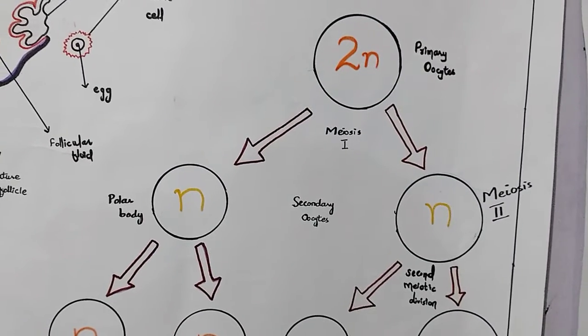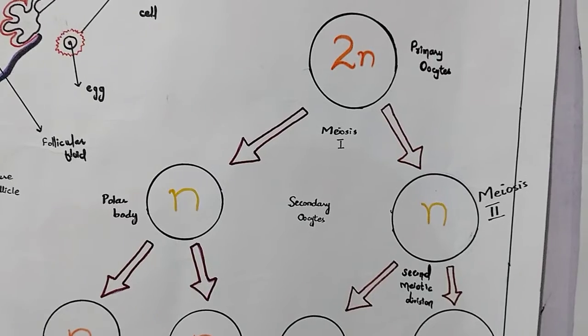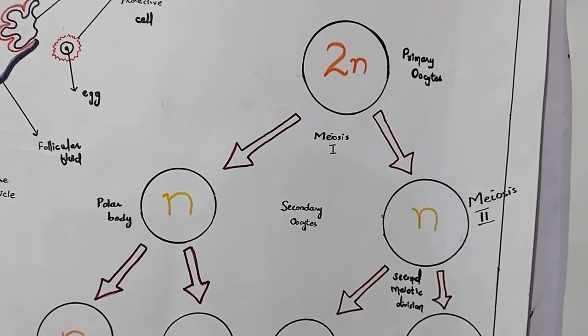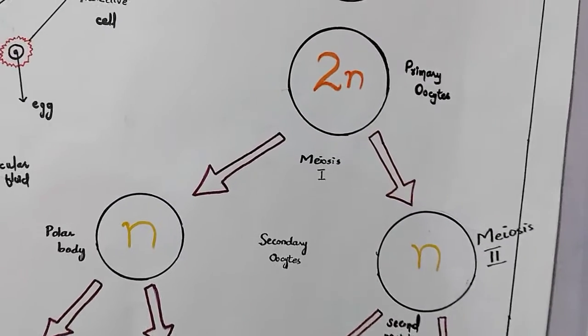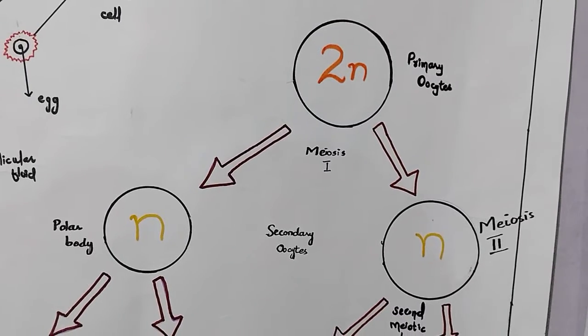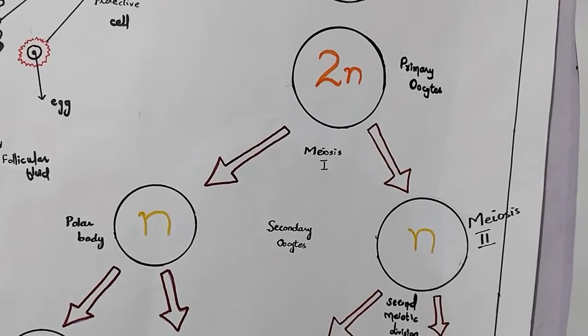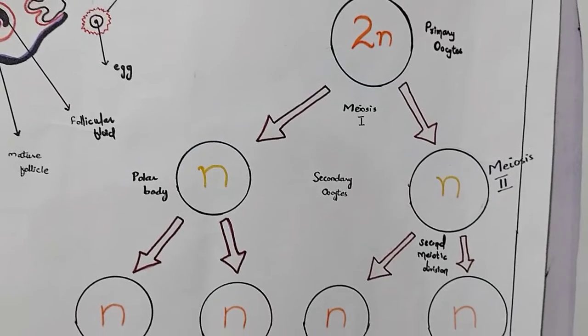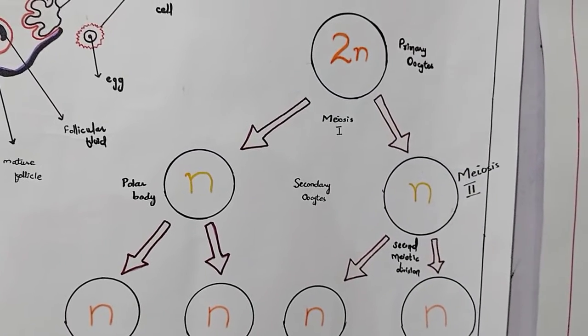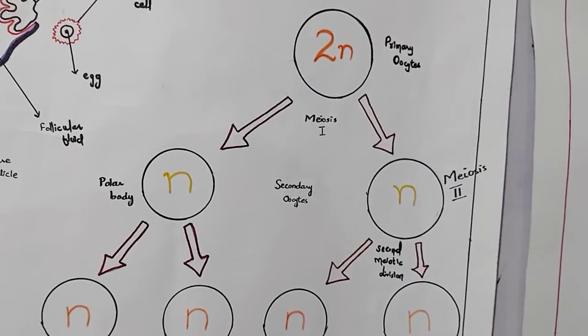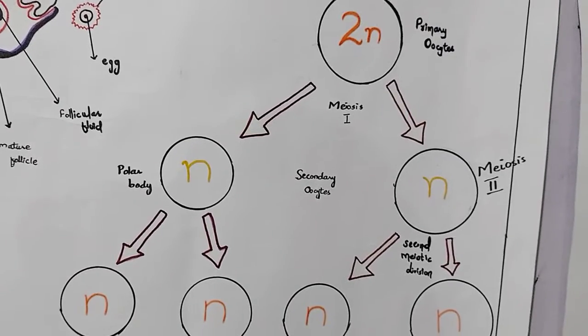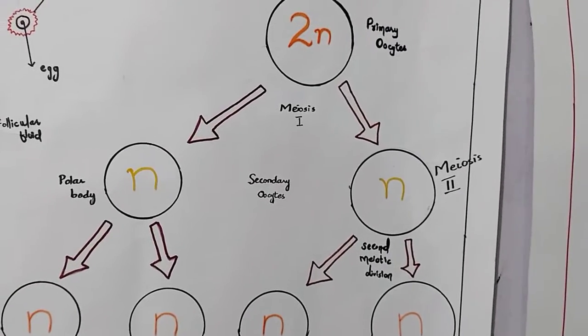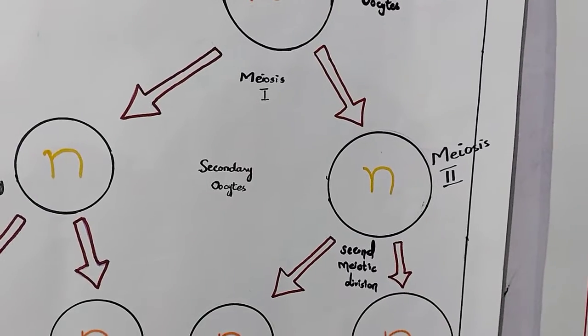If you are discussing the human being, the diploid number is 46, 2n is 46 in human, and this is reduced to 23, the n number, the haploid number of chromosomes in the daughter cells. So the first daughter cell is the first polar body, and the second is the secondary oocyte.